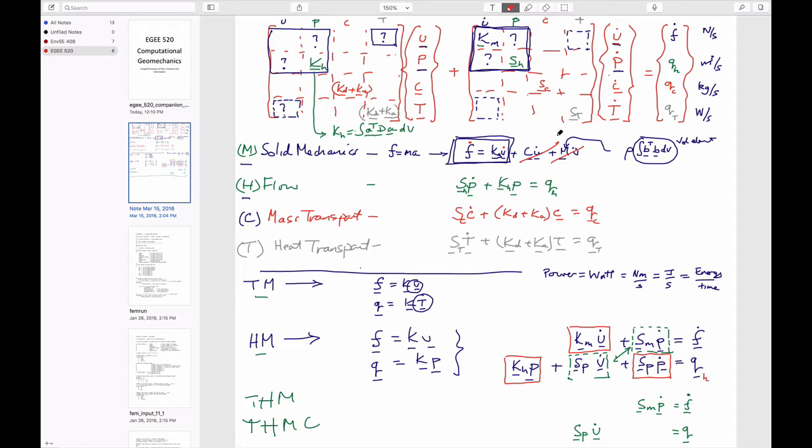So what I plan to do today is to do what I was going to do last time. I guess it was an impromptu change. Whereas we were going to talk about dual porosity, dual permeability systems, which are a coupling system, but not in the way that we define this, because the coupling is between two flow systems, as we'll see.